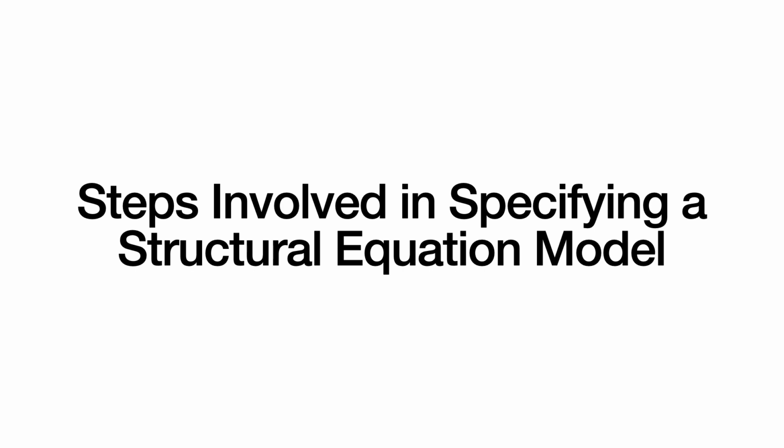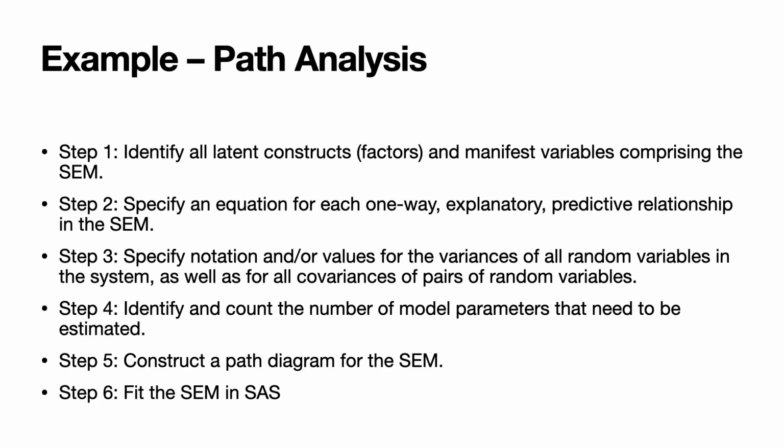Next, let's review the steps involved in specifying a structural equation model. Step 1 is to identify all latent constructs or factors and manifest variables comprising the model. Step 2, specify an equation for each one-way, explanatory, predictive relationship in the SEM.